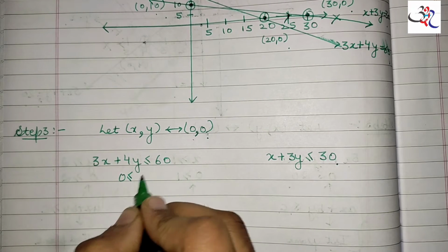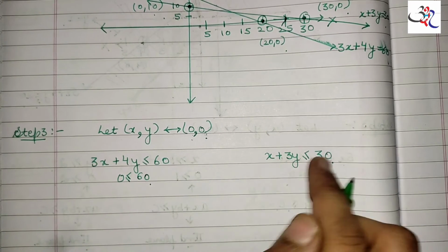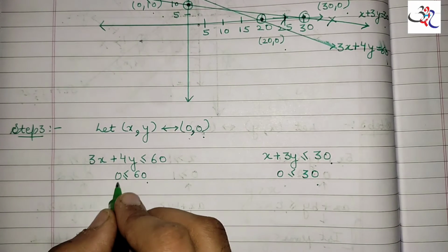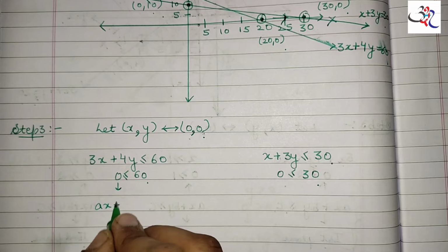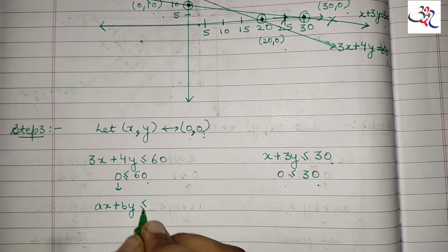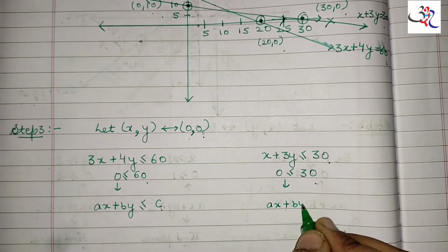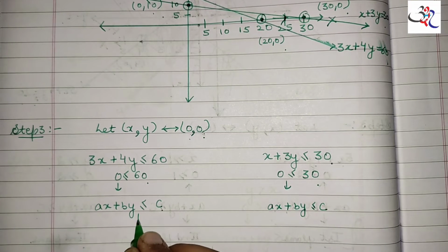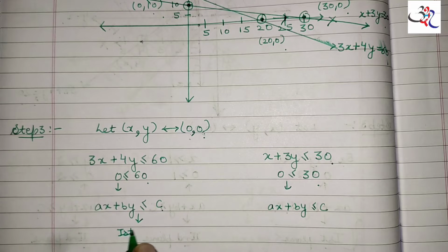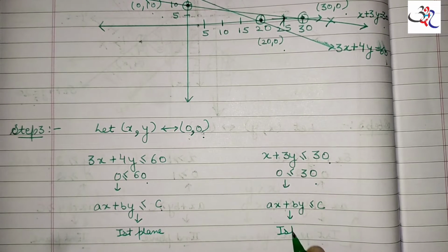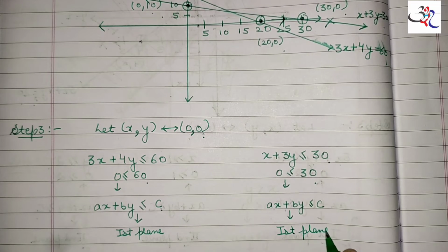So equation will reduce to 0 is less than 60 and this will reduce to 0 is less than equal to 30. Compare it with the standard form of equation, which is ax plus by is less than equal to c, and here also ax plus by is less than equal to c. So this will be in the first plane, and according to this also solution will be in the first plane.